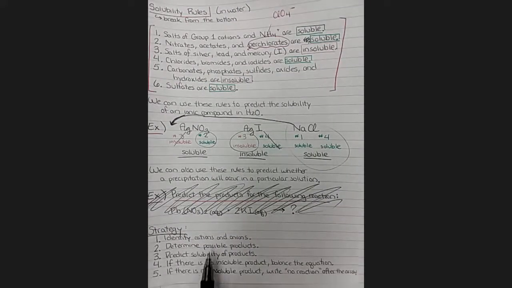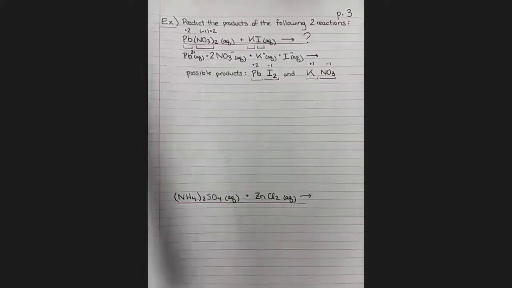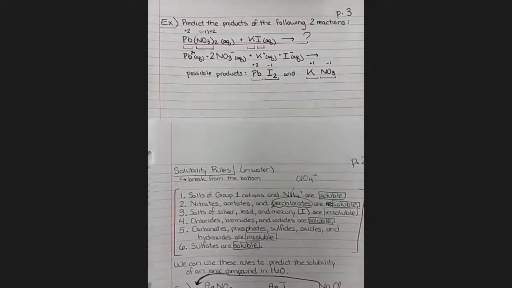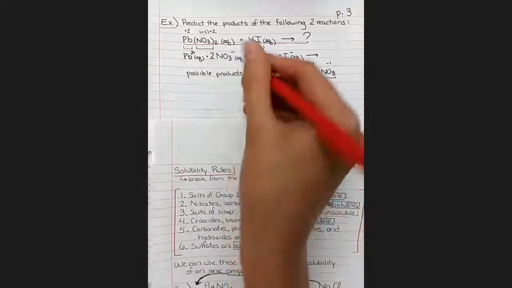Okay, so let's check the list again. Identify cations and anions and determine possible products. The next one is to predict the solubility of the products. So where are our solubility rules? Here we go. Okay, so lead, do we have a rule about lead? Yes, rule number 3 says it's going to be insoluble.